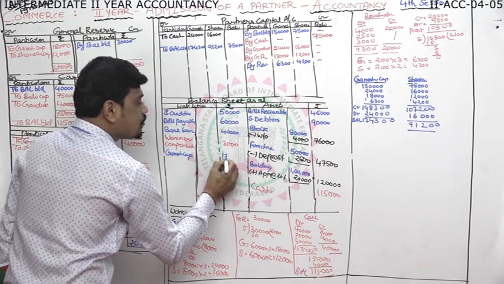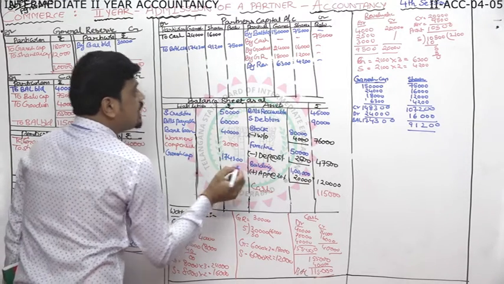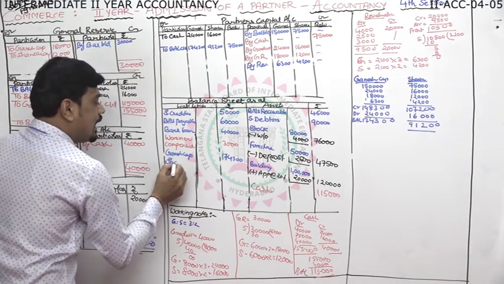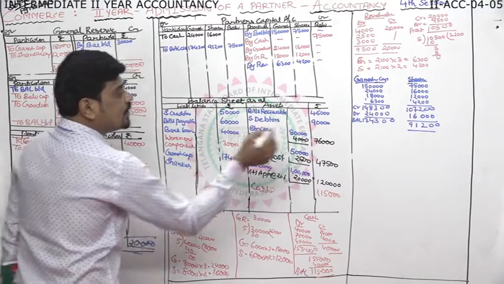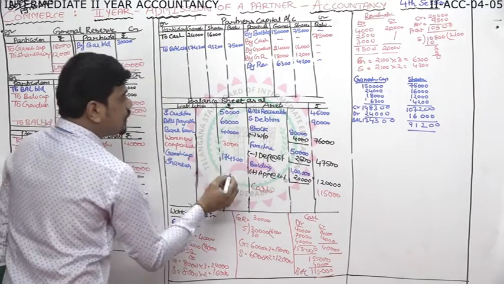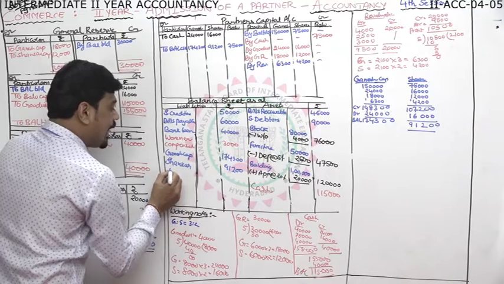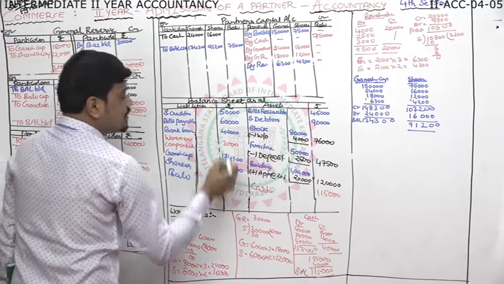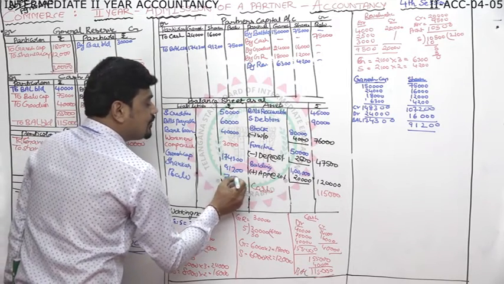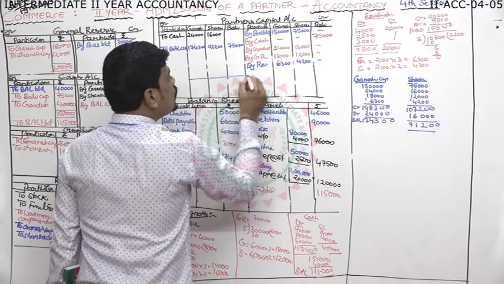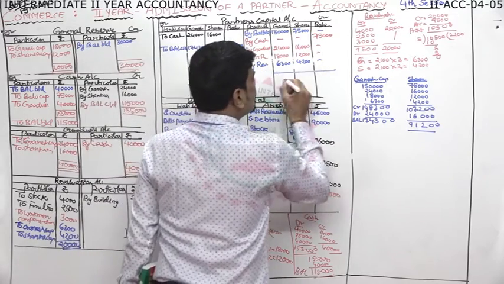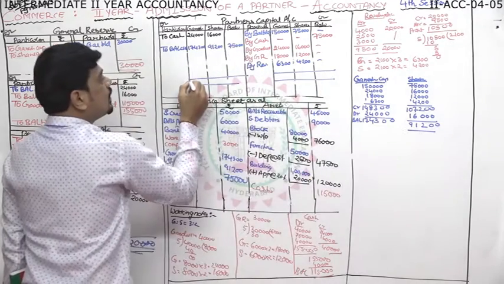We'll write the balance, 1,74,300. Then Shankar. Generally, the students commit the mistake of writing the total. No, we are supposed to write the balance. Keep in mind. And Balu, 75,000. Now you can close the partners' account with the total.